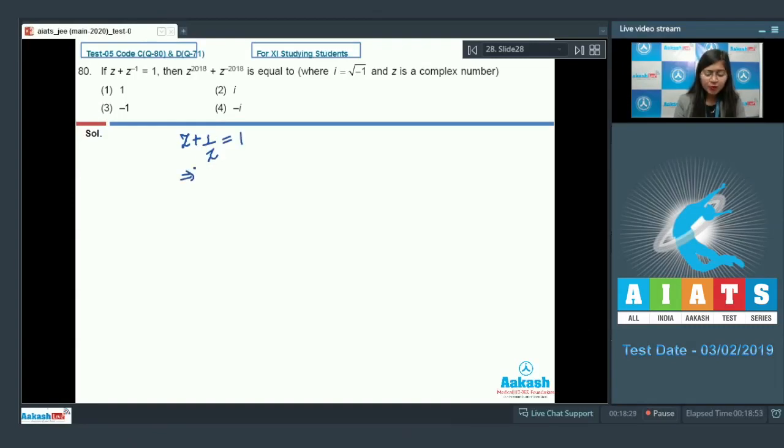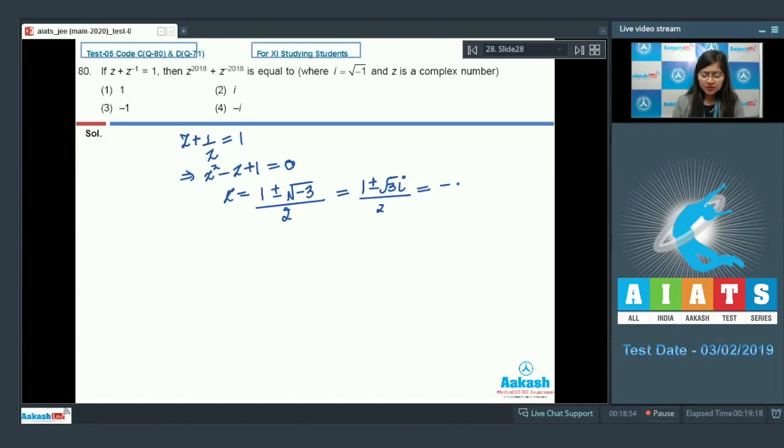If I multiply the equation by z, we will get z square minus z plus 1 equal to 0. That is, z is equal to 1 plus minus under root of D, that is 1 minus 4, that is minus 3, upon 2. So this is equal to 1 plus minus root 3 iota upon 2.